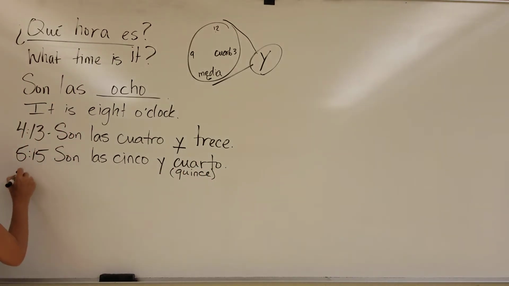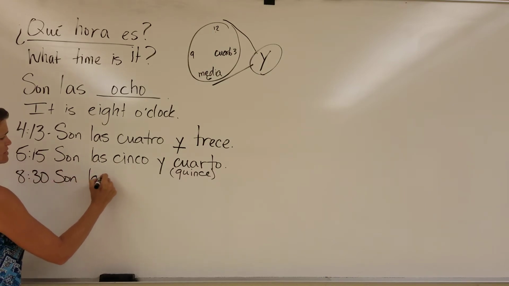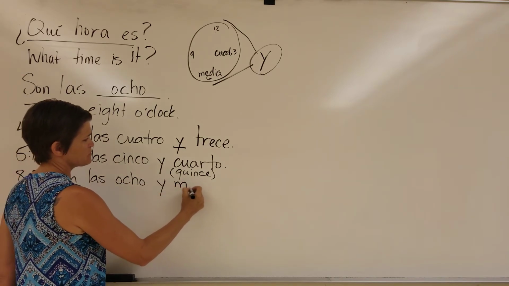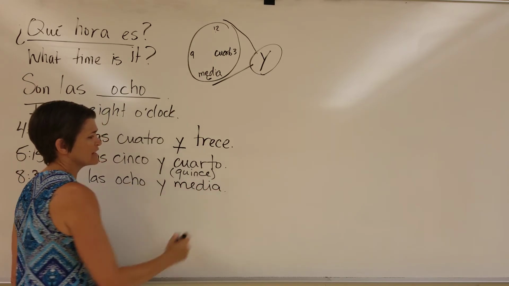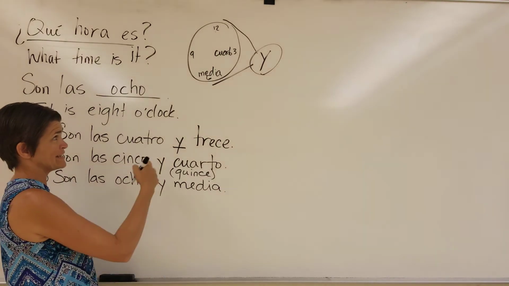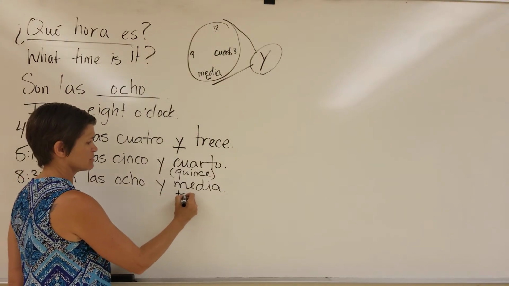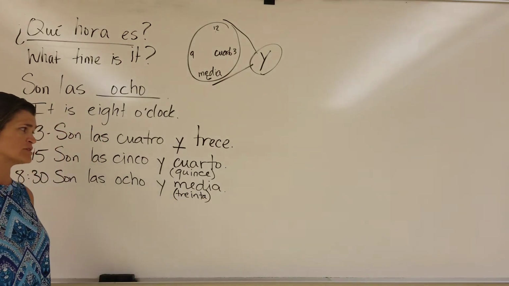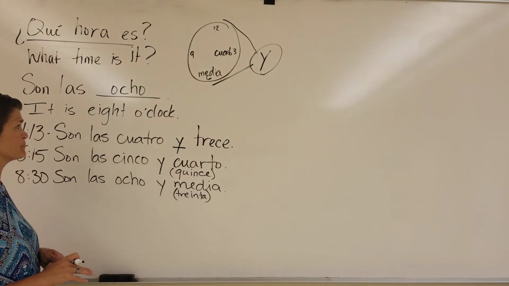Or if it were 8:30, you would start with son las ocho y media for 8:30. You could also use 30 if you want to say 30. That's fine too. But a lot of times we'll use that media for the half hour mark.